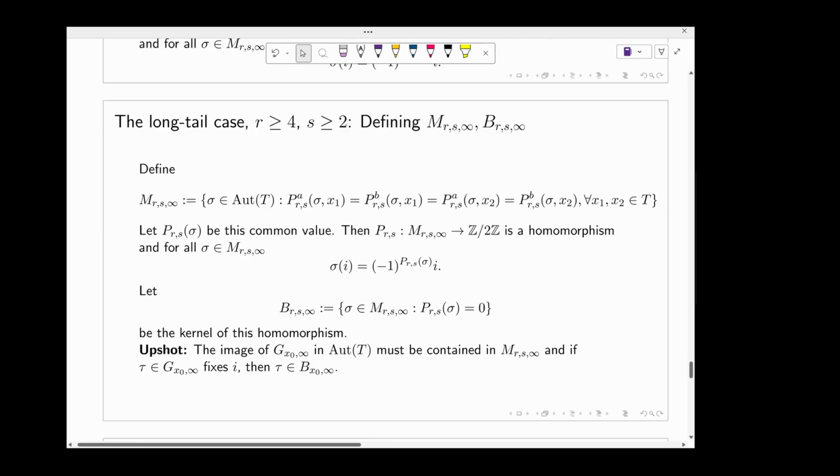Again, our upshot is that the image of the infinite Galois group within T is always contained in this group M_{r,s} infinity that we've defined. And anytime I have an element that actually fixes i, it has to be contained in B_{r,s} infinity.